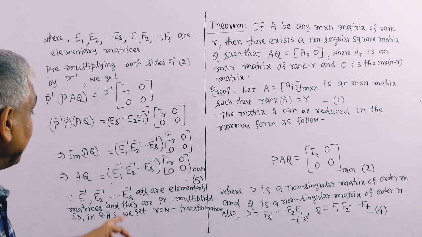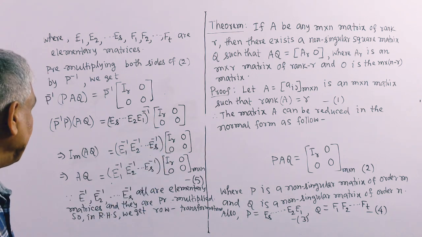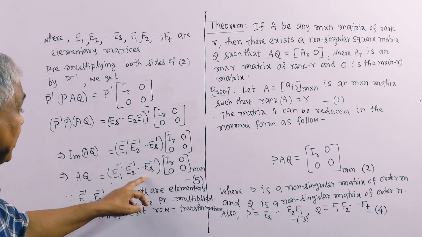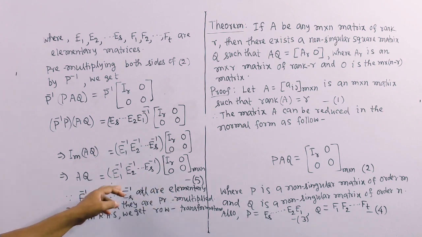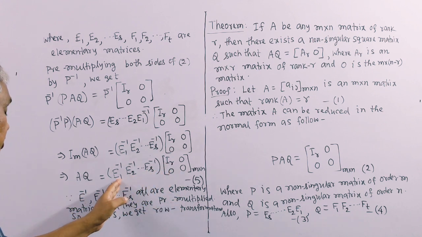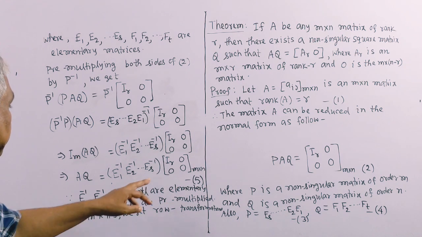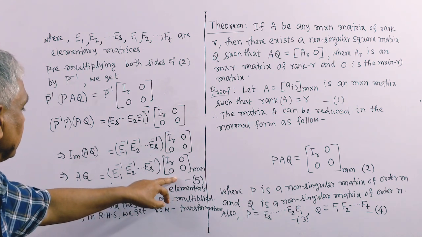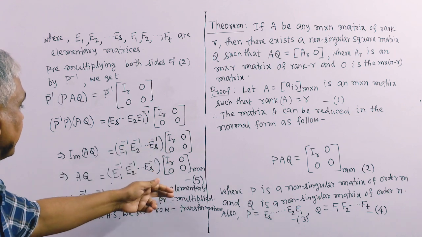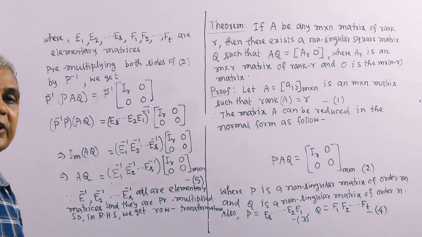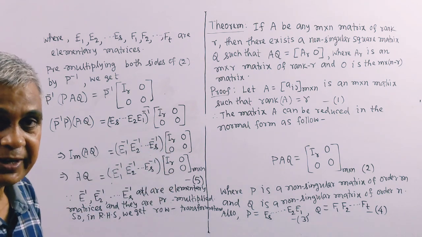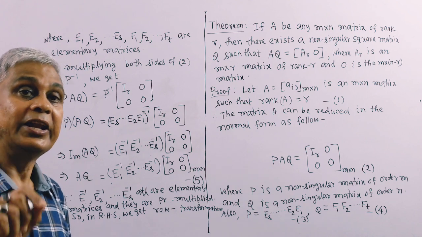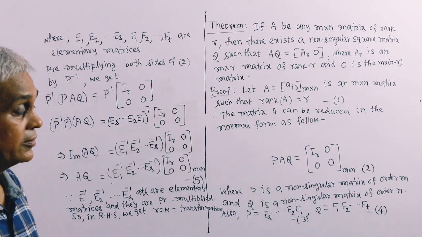So these are elementary matrices, and these elementary matrices are pre-multiplied, meaning we have multiplied them before this matrix. So the right side of 5 will get row transformation. Pre-multiplication of an elementary matrix gives elementary row transformation.